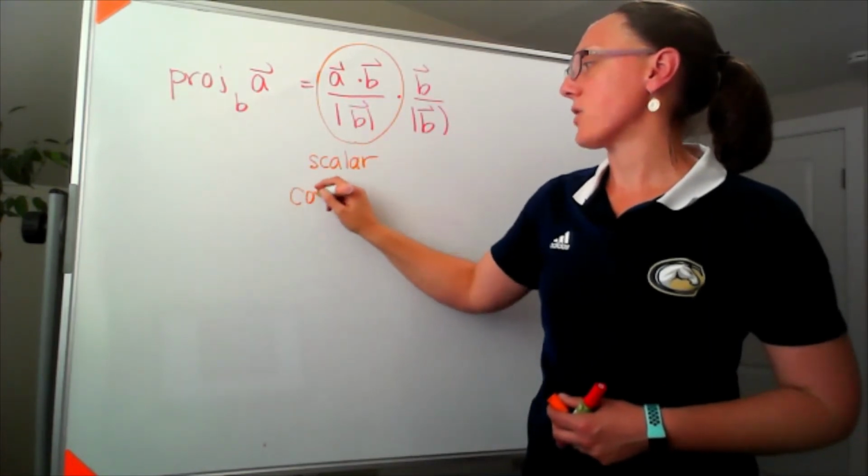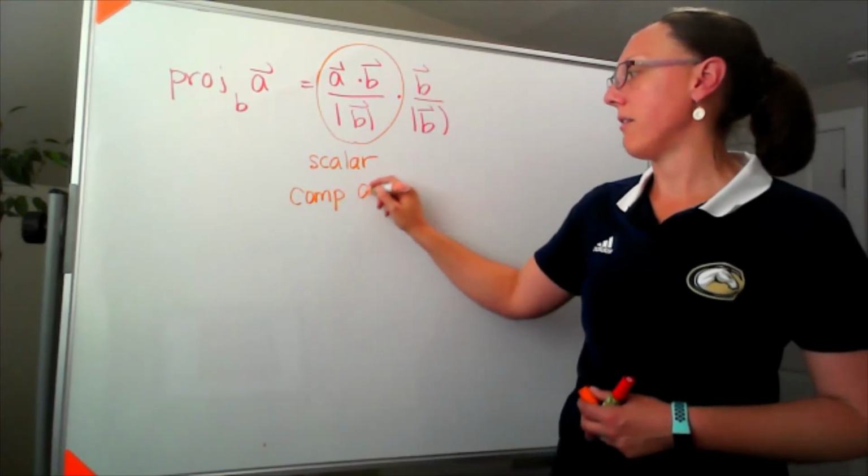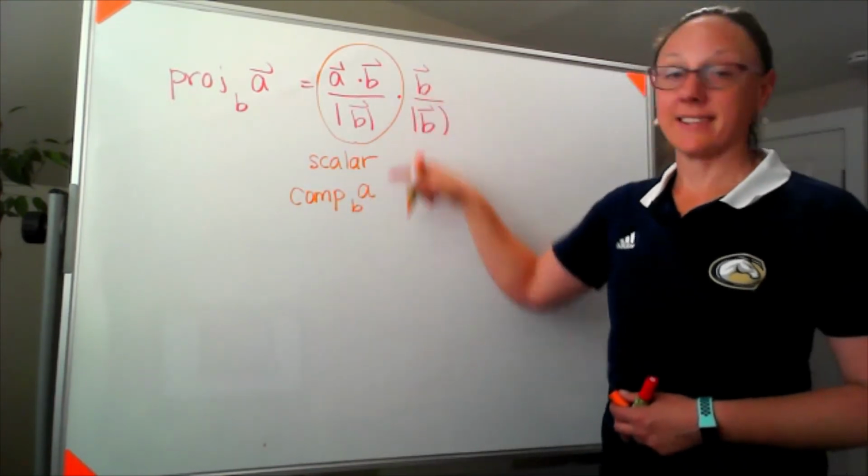Sometimes this is written as the comp of A onto B, and it's a scalar.